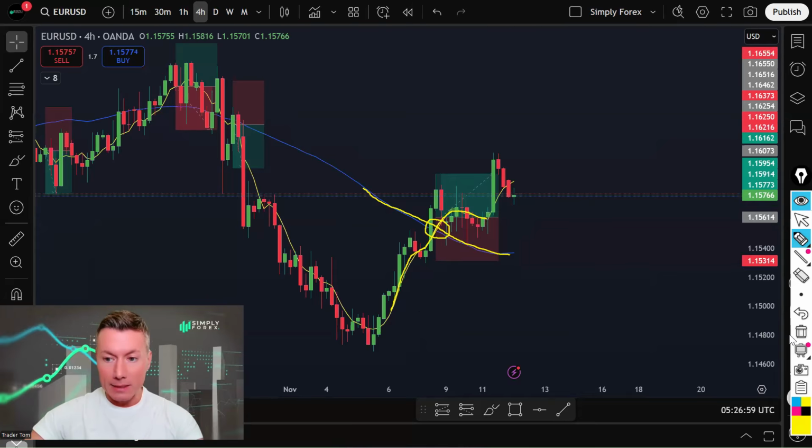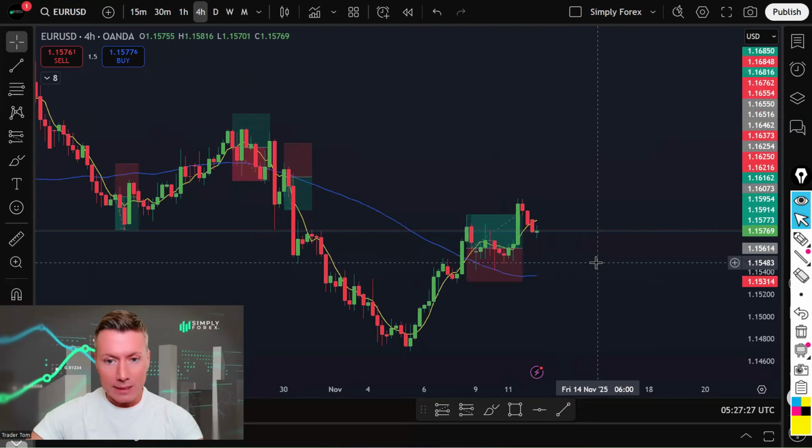But the next stage is a retrace to the 5 SMA, which we get as well. All right. And as you can see, we either make 30 pips, again, as per the strategy, or we lose 30 pips. So 1:1 risk to reward. Okay. So as you can see, guys, this was a winning trade. And yeah, if you risk 1%, you would have made 1%. So there's a buy trade.